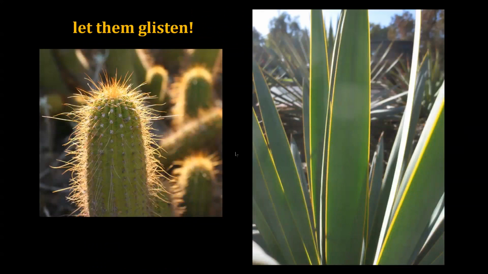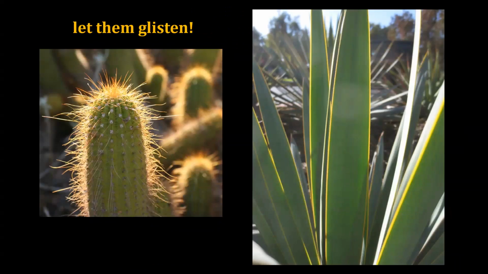Another thing to think about with the light exposure, some of our plants will just come alive and give us a whole new dimension as far as their appearance when they are backlit by the sun. So many cacti will glisten and glow with the sun behind them.